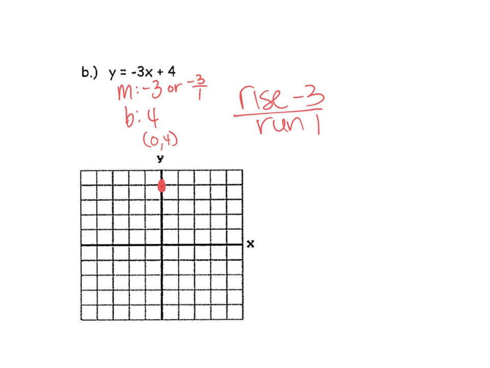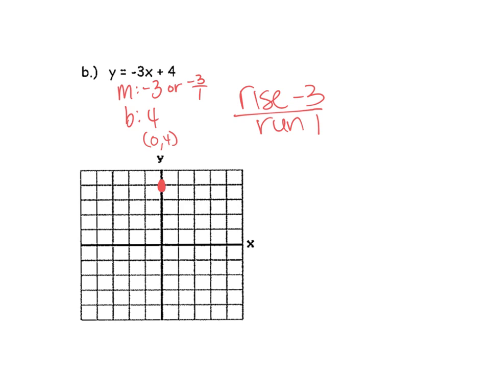Rising means either you're going up or down. Rise or fall, right? So if I'm going to rise negative, I'm going down. You're always going to run positive because the negative sign always goes with the numerator. Rise down 3 and 1 to the right.